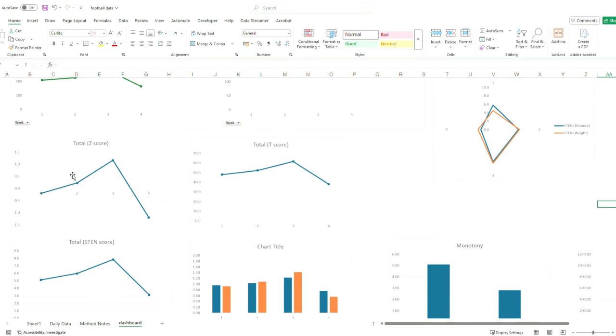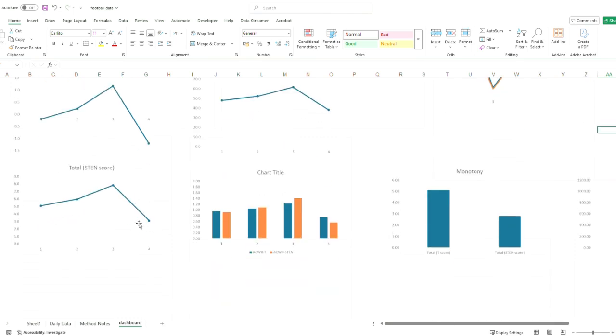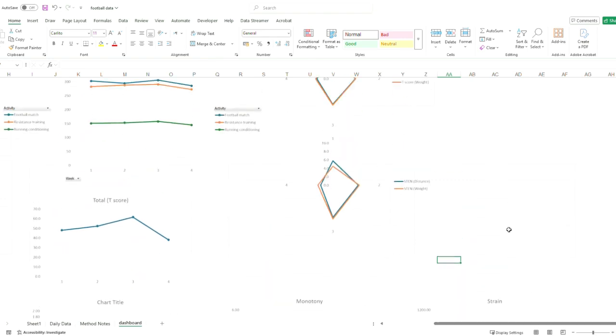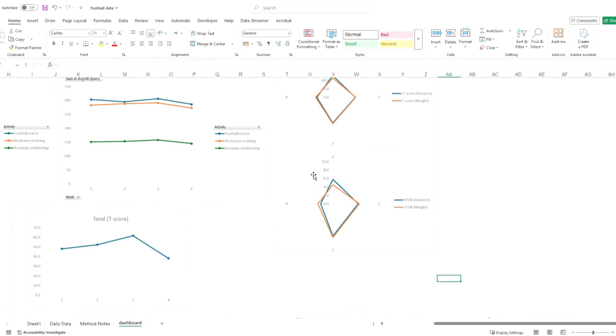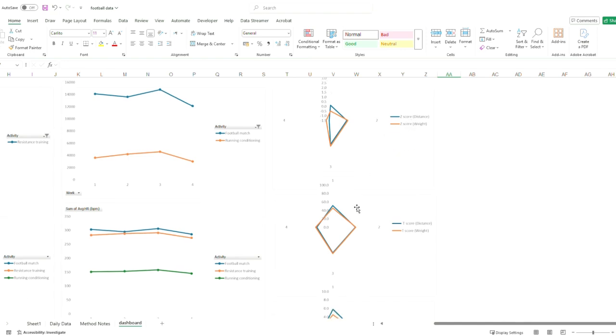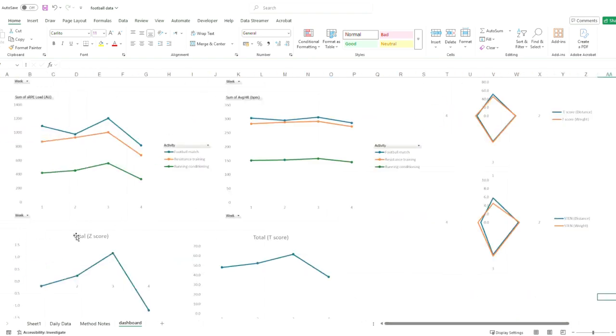Your scores are ready for creating a dashboard for different composite scores. Here, you have all the raw data from weekly training sessions and combined data to monitor the overall training loads.